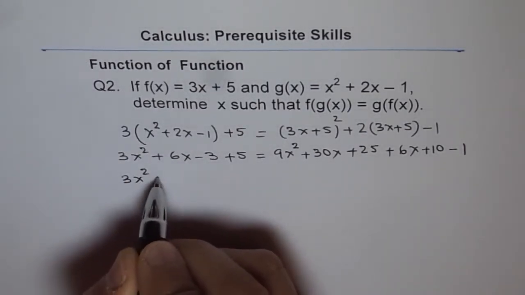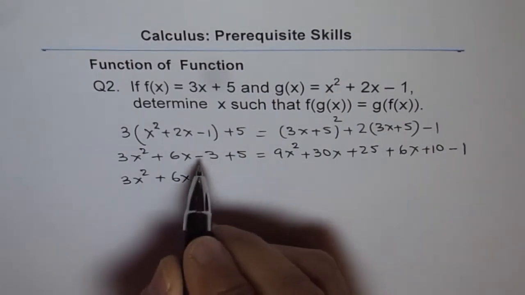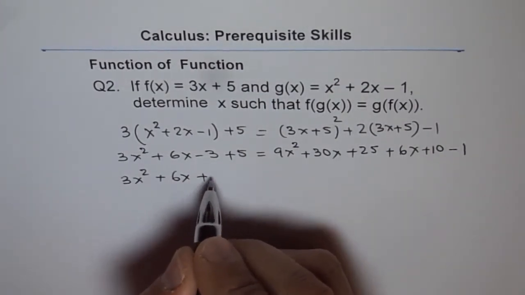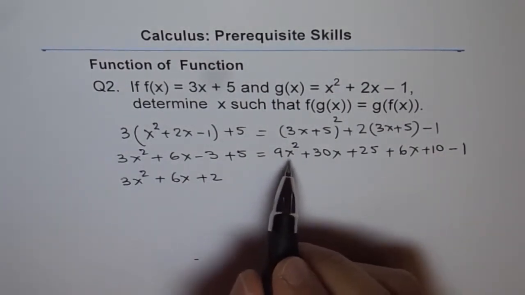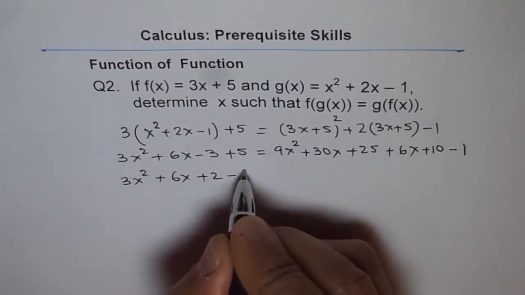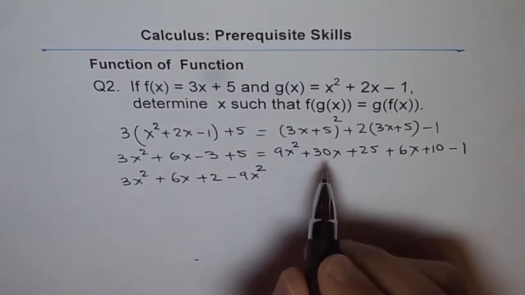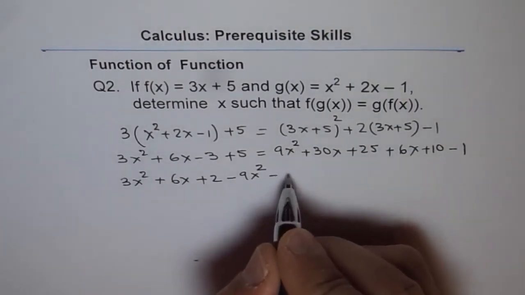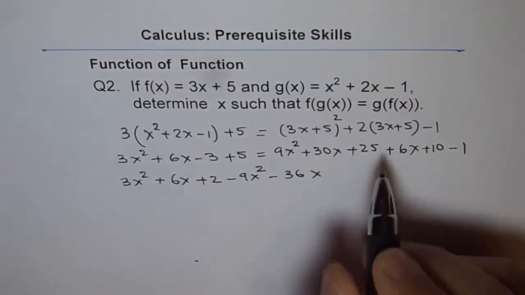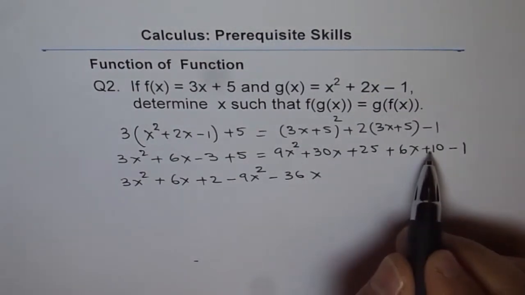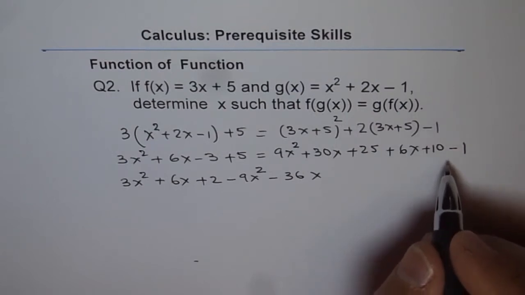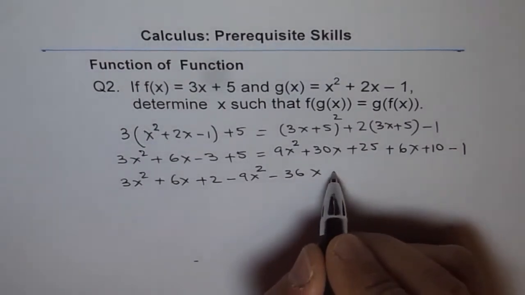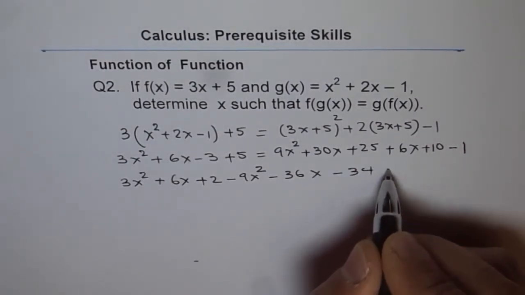3x squared plus 6x and minus 3 plus 5 is plus 2. Now from here we get minus 9x squared, and 30x and 6x will make it 36x, so minus 36x, plus 25 plus 10 is 35, and take away 1 will be 34, and when we bring it here it becomes minus 34 equals 0.